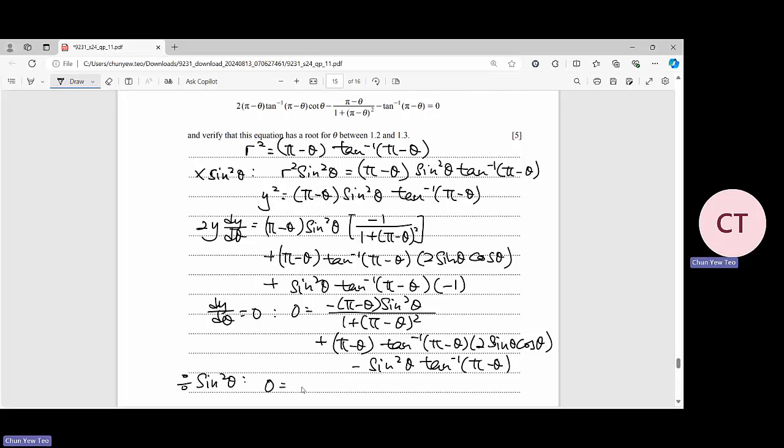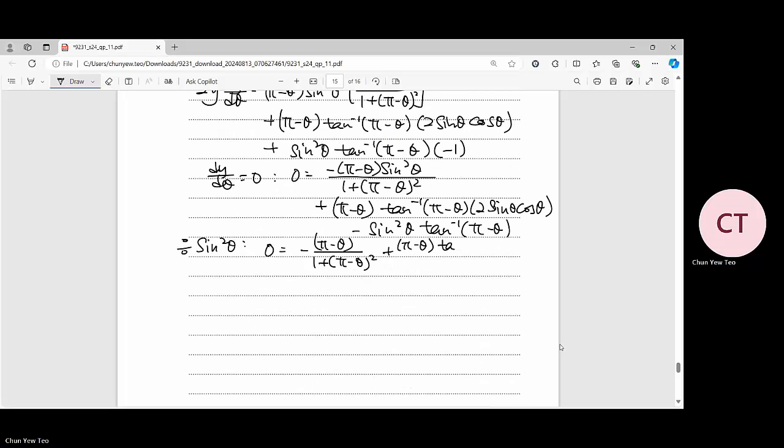So you will get 0 equals the negative (pi minus theta) over 1 plus (pi minus theta) squared. And this one will be plus (pi minus theta) arctangent of theta divided by sine squared, so you have 2 cos theta over sine theta.